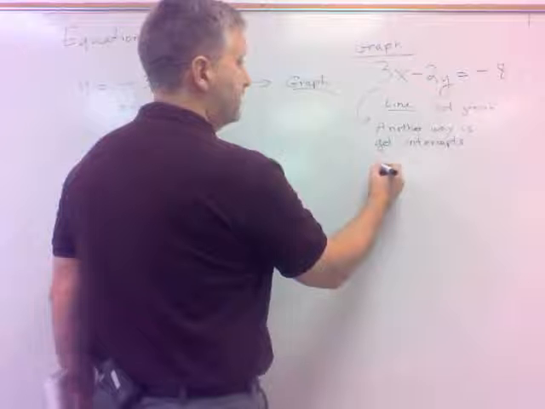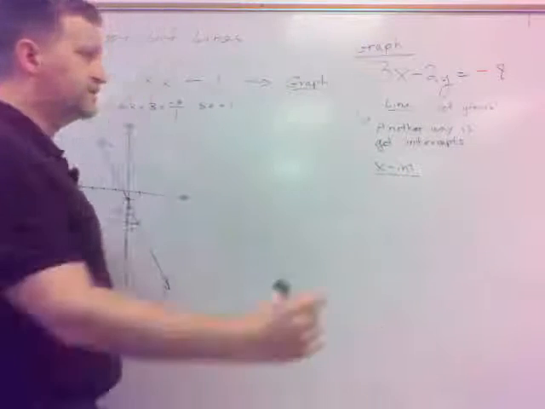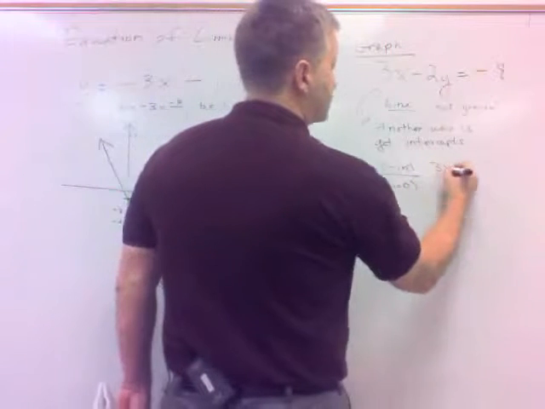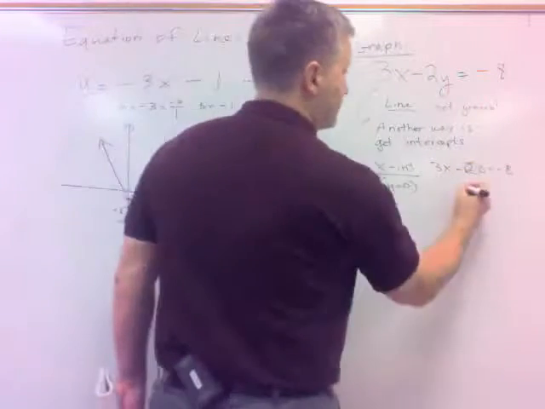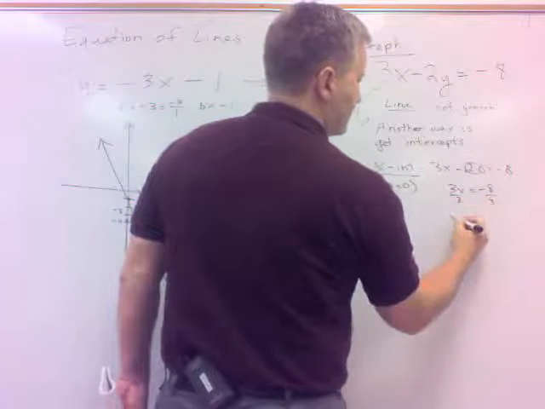But if I just get the x and y intercept here, the x-intercept, you set y to be 0. So that would be 3x minus 2 times 0 equals negative 8. That makes that 0, so that's 3x equals negative 8. So divide by 3.